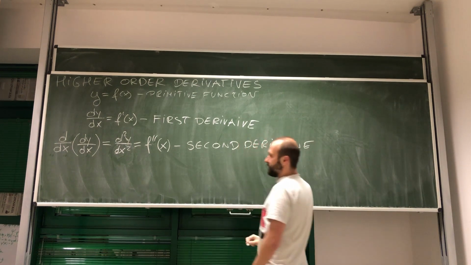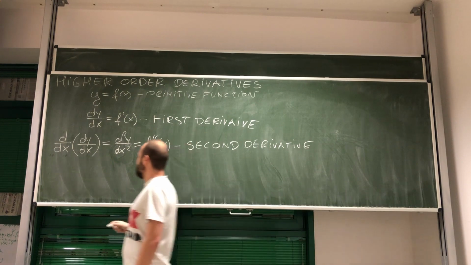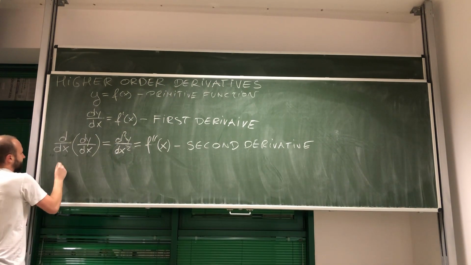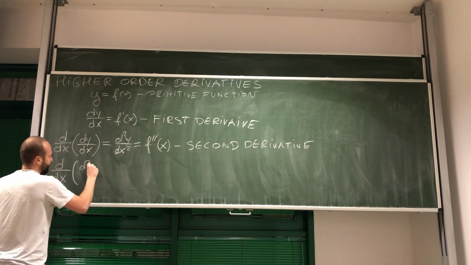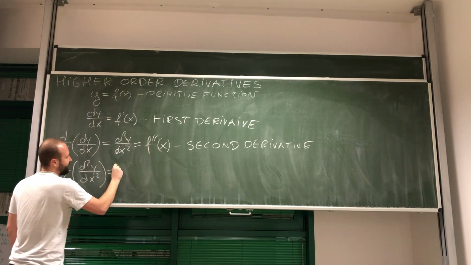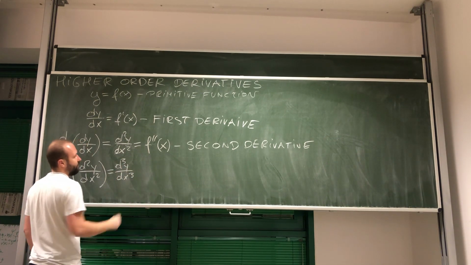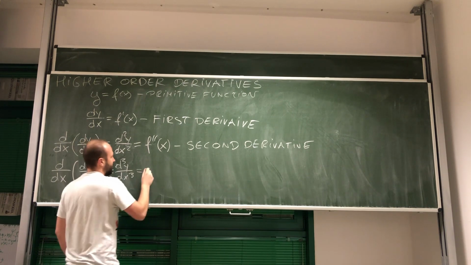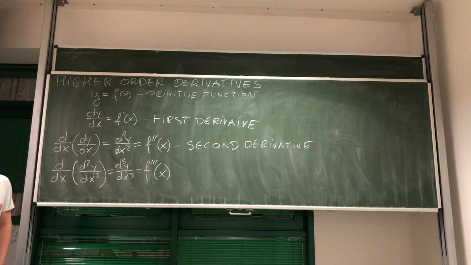Oh, can I get the third derivative? Of course, why not? Now I would have to just take the derivative of the second derivative. So I would have d cubed y over dx cubed, or in Lagrange notation, 3 primes.